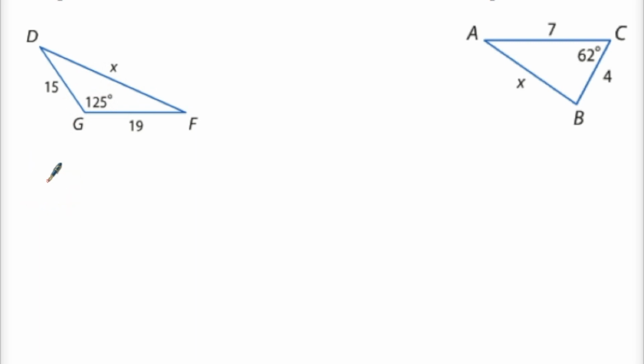So we're going to use x squared as the thing by itself, because at the end it's going to end with cosine 125. x squared equals 15 squared plus 19 squared minus 2 times 15 times 19. This gets to be pretty rhythmic once you get used to it, times the cosine of that 125.